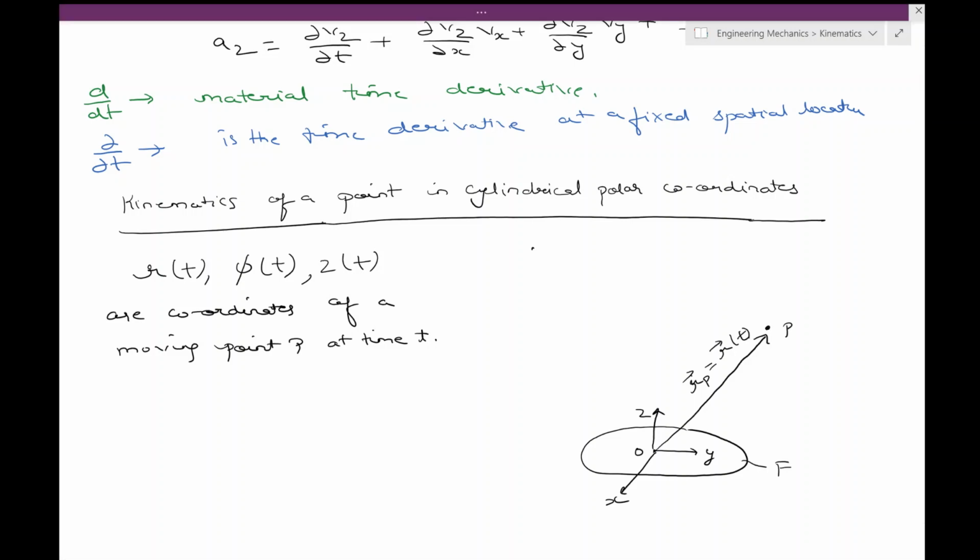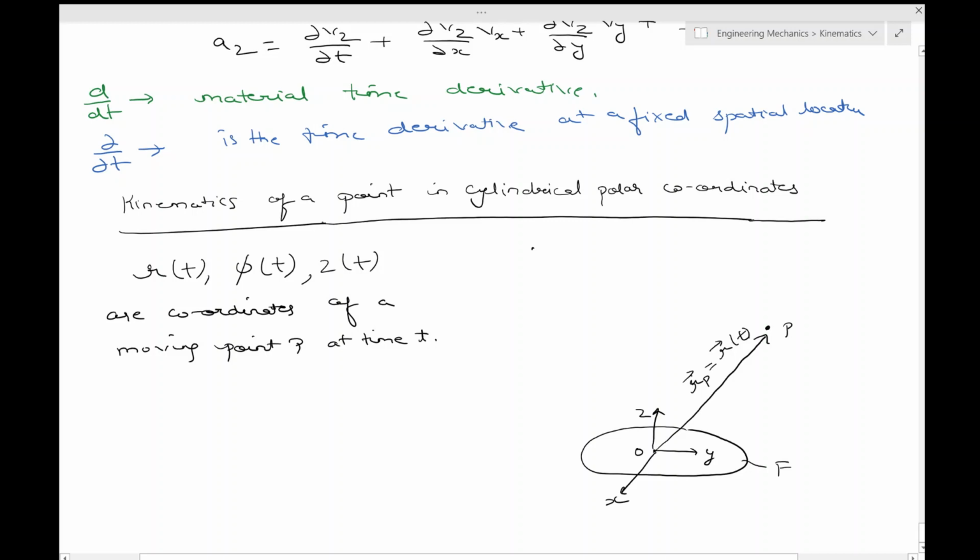So let me just draw the other system. So we have this ER, we have E phi, they are mutually perpendicular, and clearly we have an EZ.